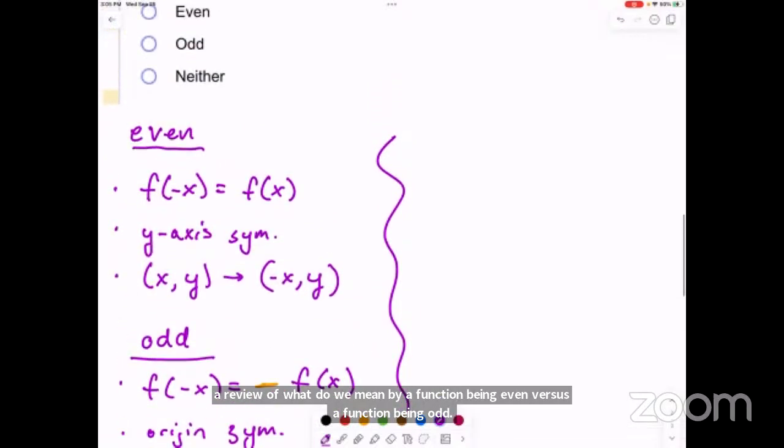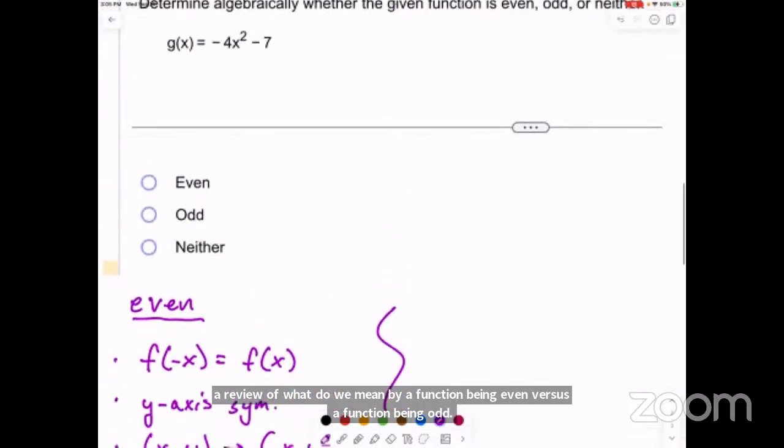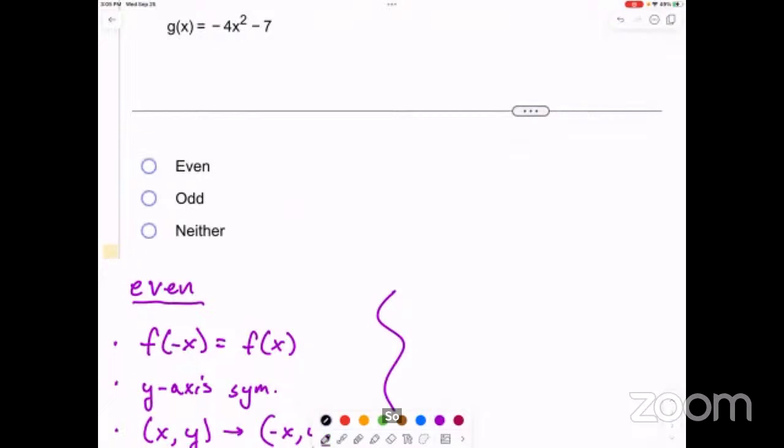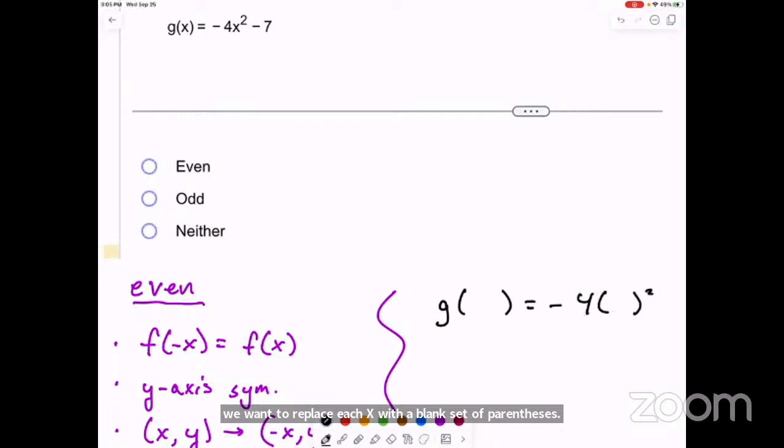To evaluate this algebraically, what we're going to do is replace each x with negative x, simplify, and then see if we can identify one of these two definitions. First we replace each x with a blank set of parentheses, and into the blank parentheses goes negative x.